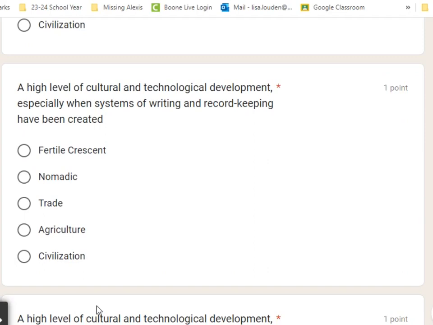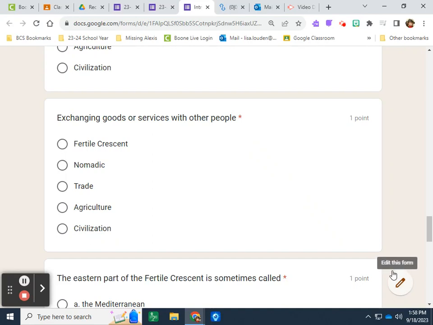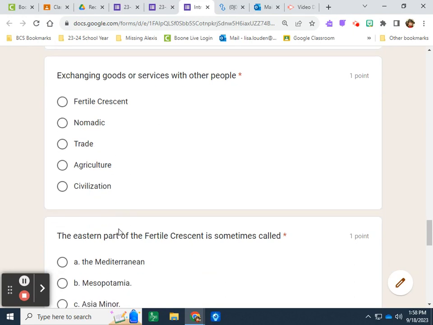This is a high level of cultural and technological development, especially when systems of writing and record keeping have been created. Is that the Fertile Crescent, nomadic, trade, agriculture, or civilization? Exchanging goods or services with other people. Is that the Fertile Crescent, nomadic, trade, agriculture, or civilization?